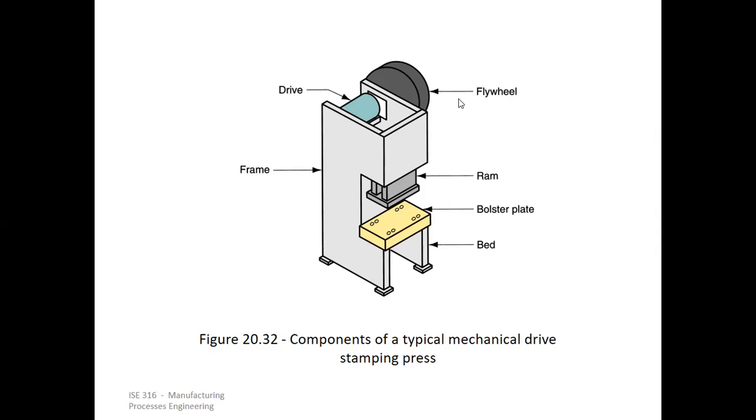So that bolster plate is responsible for clamping the die, right? And the frame, bed, etc. All these are structural components, right?